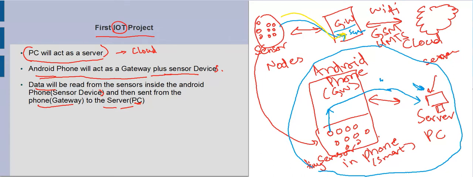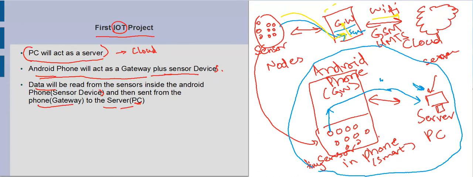The gateway and the sensors are located on the same device, and the same device is going to read the value from the sensors and also send the value to the cloud, and receive acknowledgement or whatever, and this is the second topology.